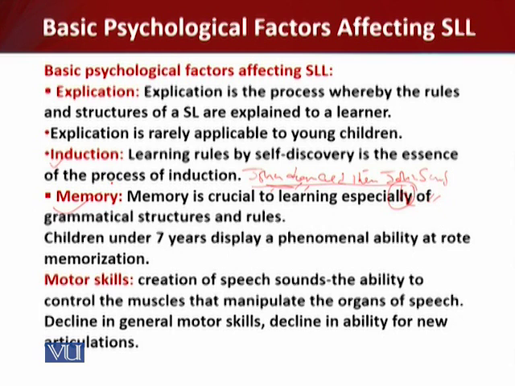Then we have motor skills. It is a term that psychologists use to describe the use of muscles in performing certain skills, from general ones like walking to fine ones like writing and speech. The motor skills that are involved in speech utilize what linguists call the articulators of speech.